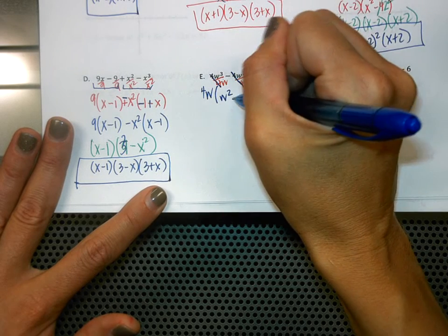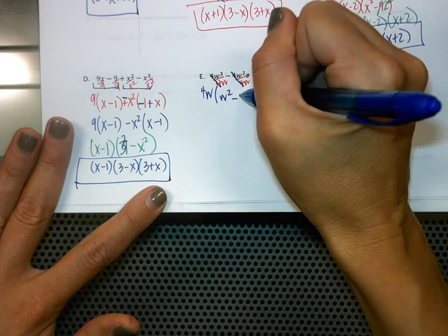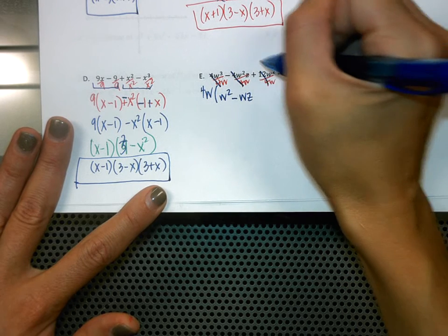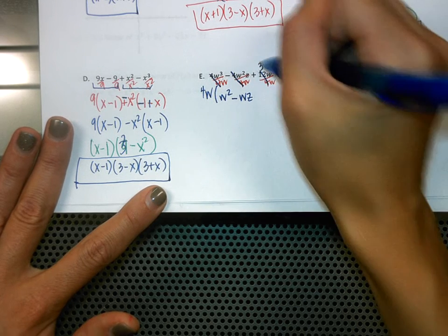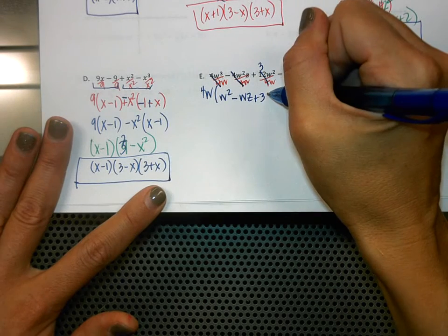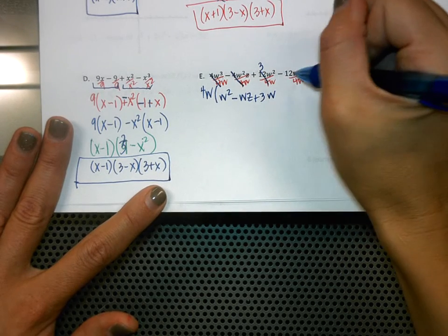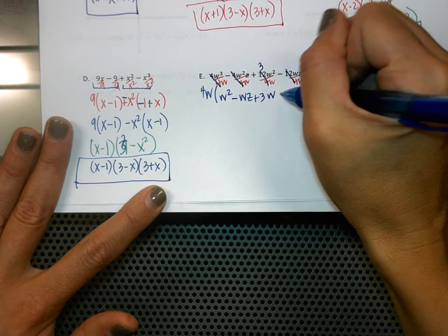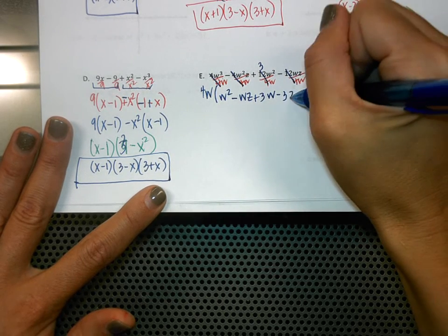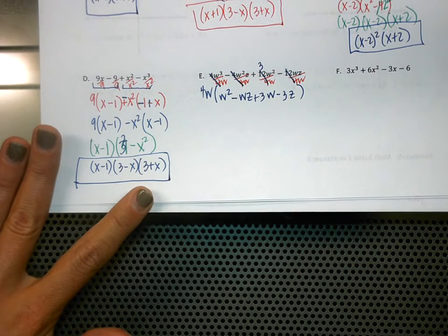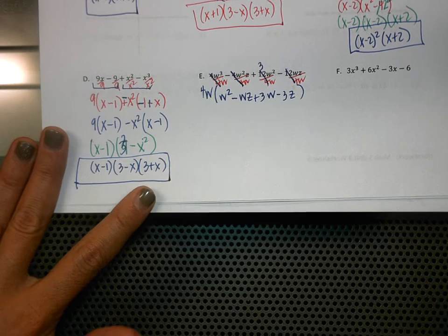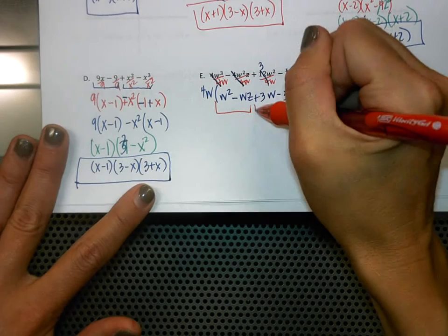So I end up with minus W Z. Here, 12 divided by 4 makes a 3. So I have plus 3, and then one of the W's cancels, and so I'm just left with W. And then on this one, 12 divided by 4 makes a 3, and then good, the W's cancel, and I'm just left with a Z.